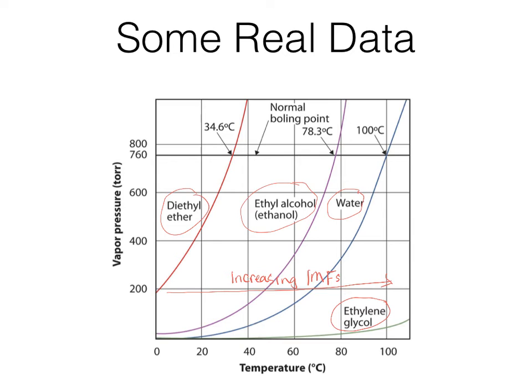Ethylene glycol has higher intermolecular forces than water, and so as we add heat, there's a lot less vaporization happening. Water is a much slower rise as we add heat than ethanol. Ethanol has less strength of intermolecular forces than water does.